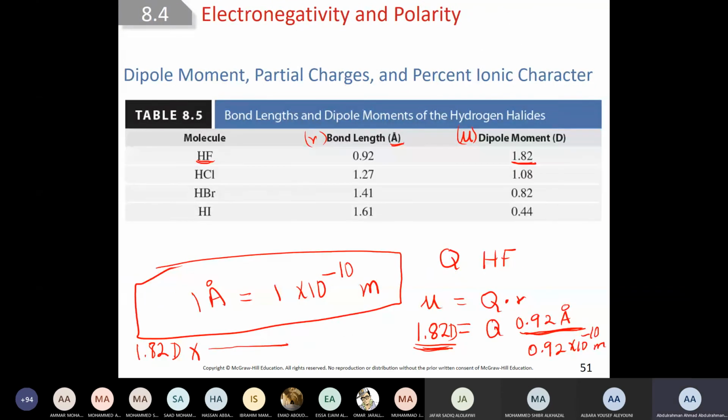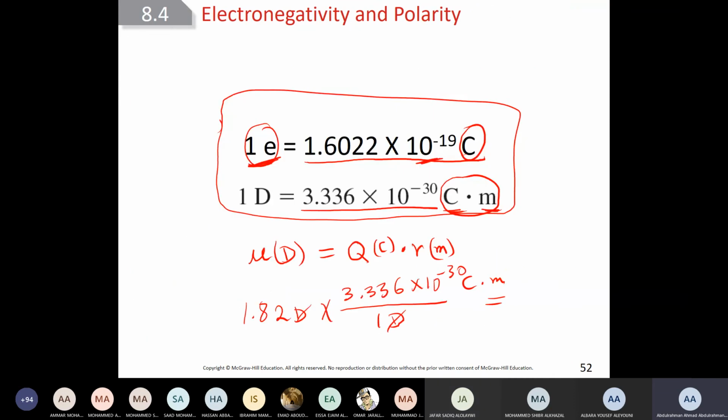Did you calculate Q? The distance was 0.92 times 10 to the power minus 10 meter. Calculate what Q is.